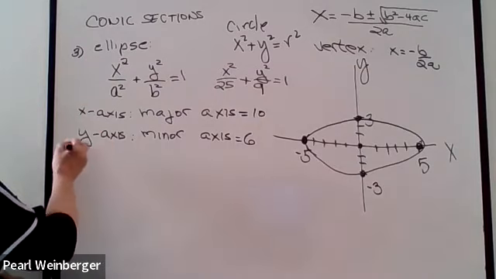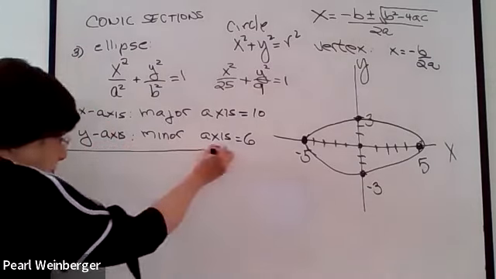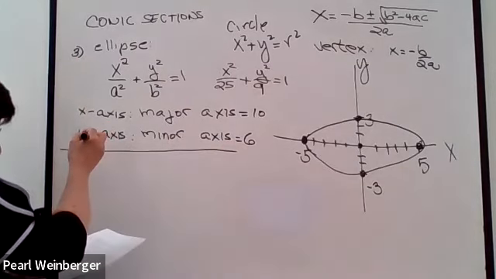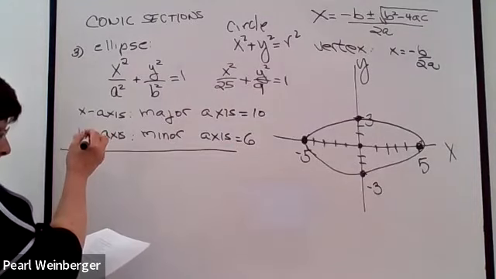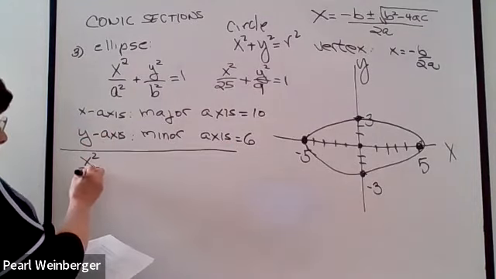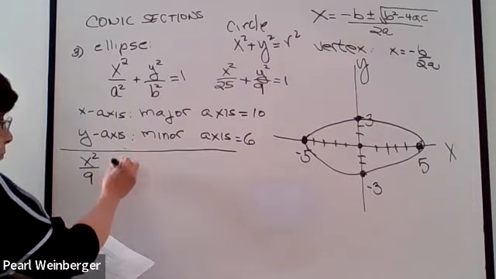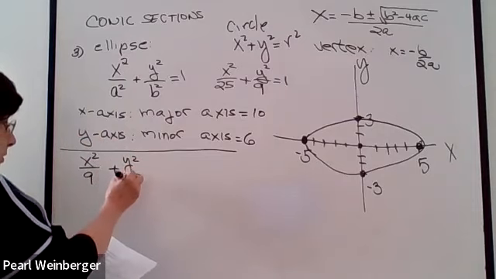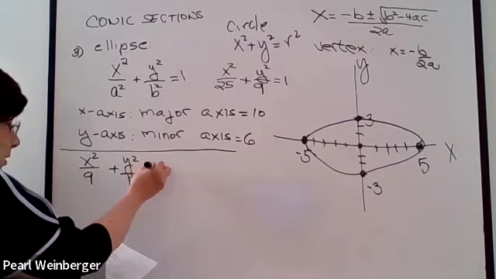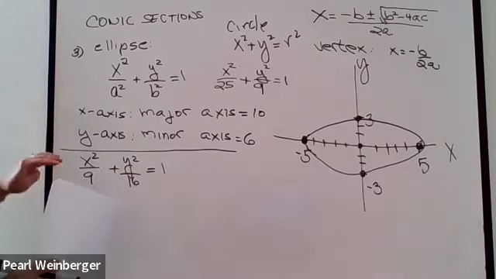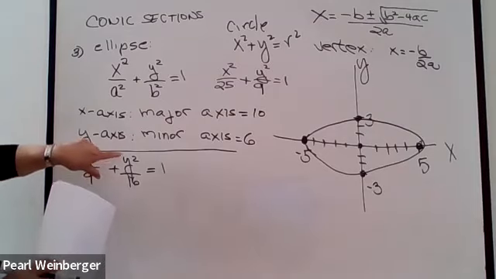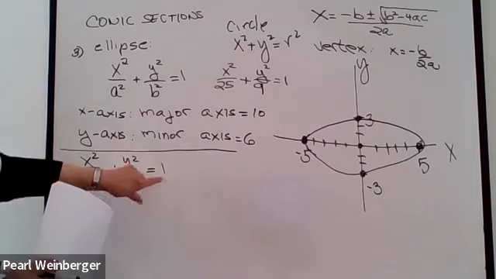Suppose I give you this example: x squared over 9 plus y squared over 16 equals 1. We can recognize this as an ellipse because it has an x squared over something plus a y squared over something equaling 1.